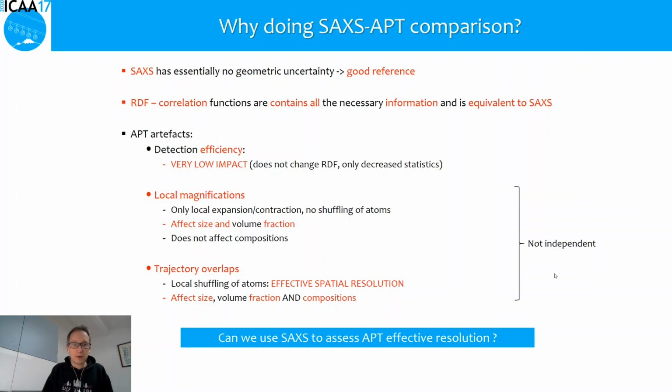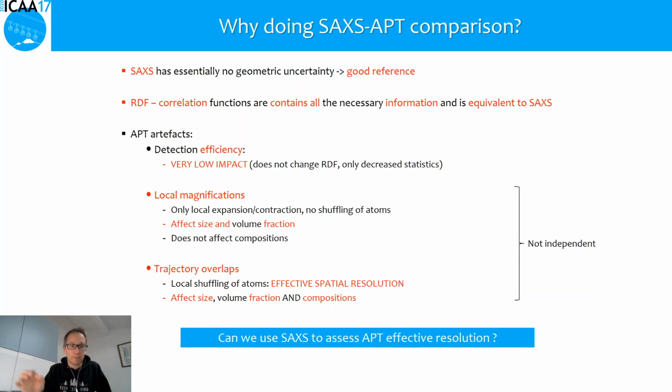What we have done is to think of an effective spatial resolution. We know there are plenty of different effects there, but here we take a user perspective: we want to measure clusters, we want to measure precipitates, so we assess the effective resolution.